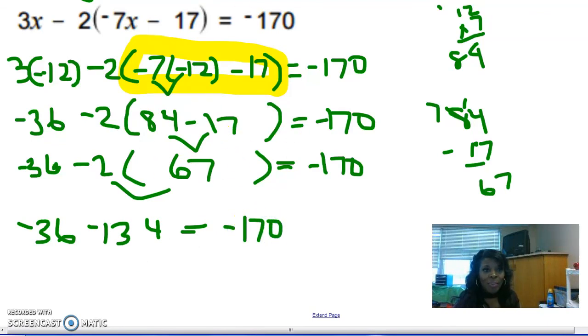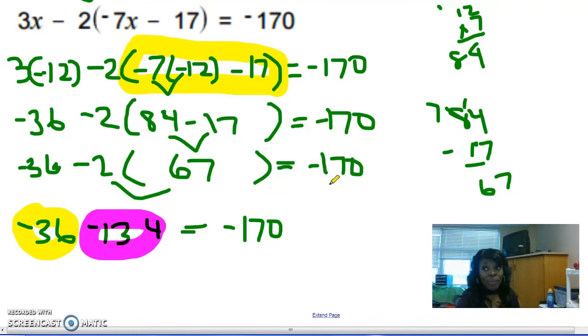All right, so now this seems to be a constant point of contention. Negative 36. Again, every term has a sign. A constant is a term. Negative 134 is a term. Now, question of the day. Do we add those or subtract?